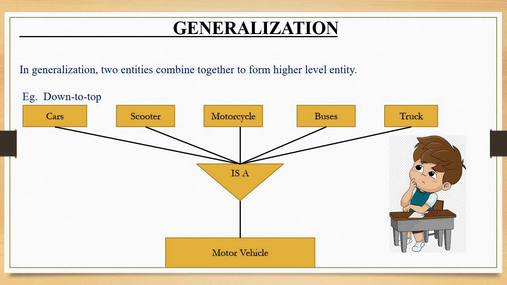Like we have taken some motor vehicles first: cars, scooters, motorcycles, buses, trucks, etc. You can take many of them, and here the relation in the triangle is A, and now it has the entity motor vehicle. So this is basically the generalization concept and the specialization concept.